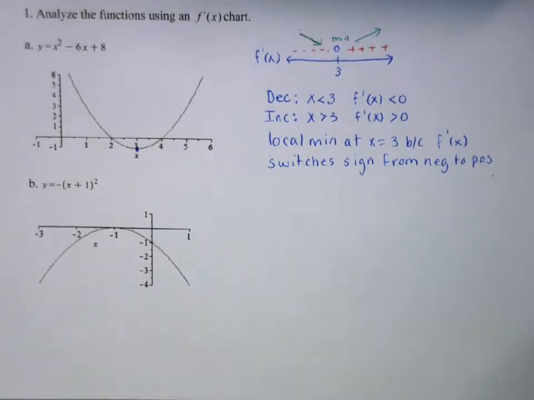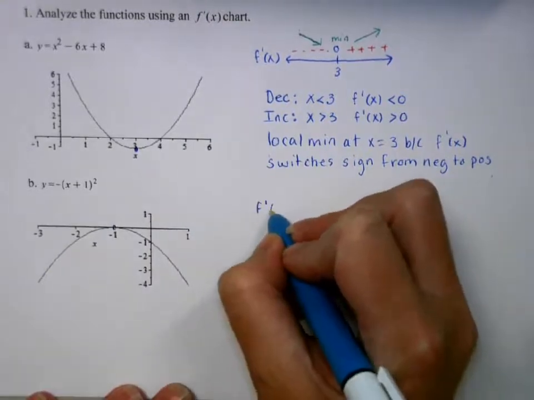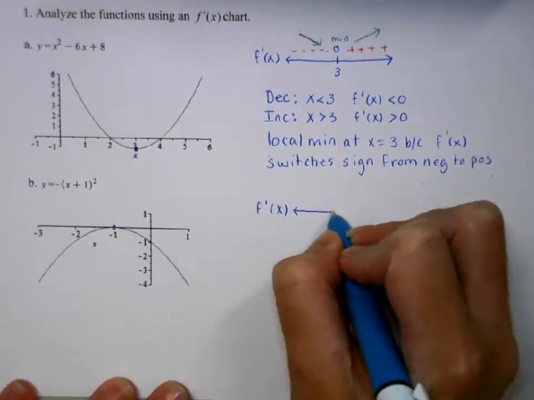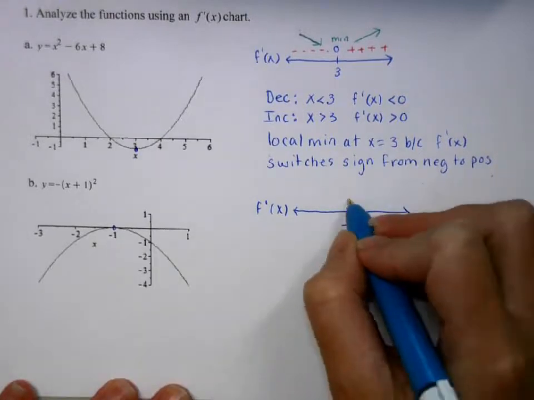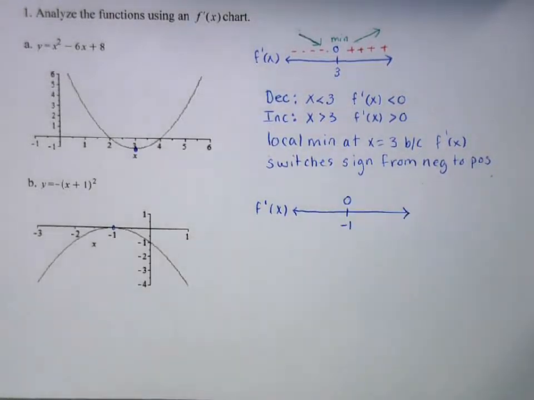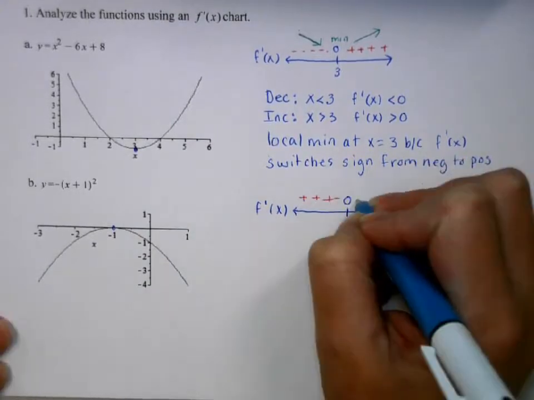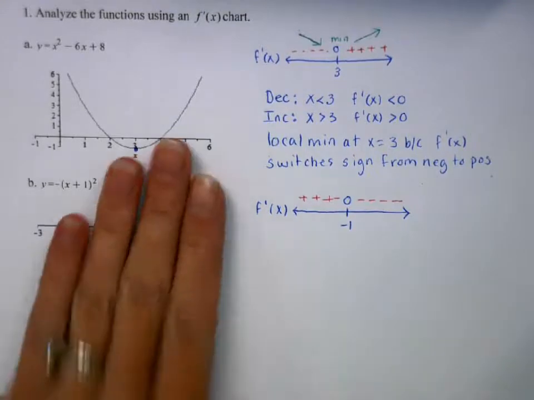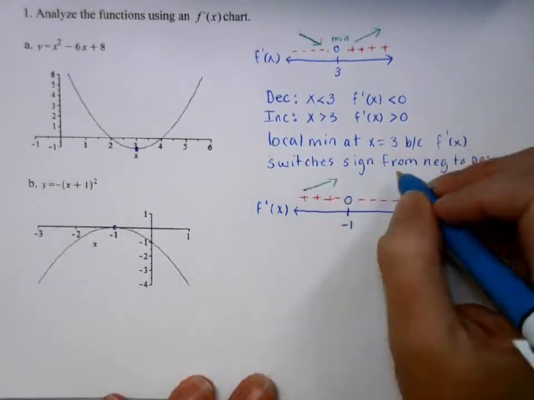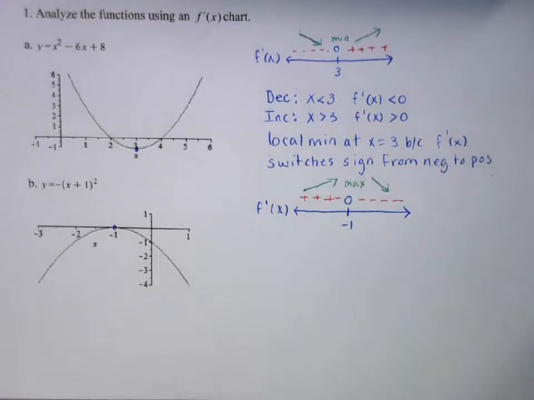If we look at the next one, if I made a number line chart for the derivative, it's going to be 0 at negative 1. It's increasing to that point, and then it's decreasing afterwards. So if we didn't have the graph, we could tell that we were increasing, then decreasing, which means this is a maximum.